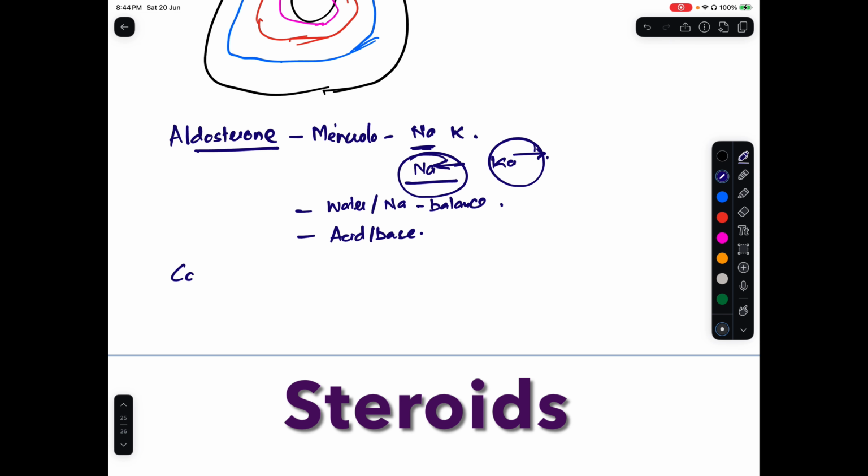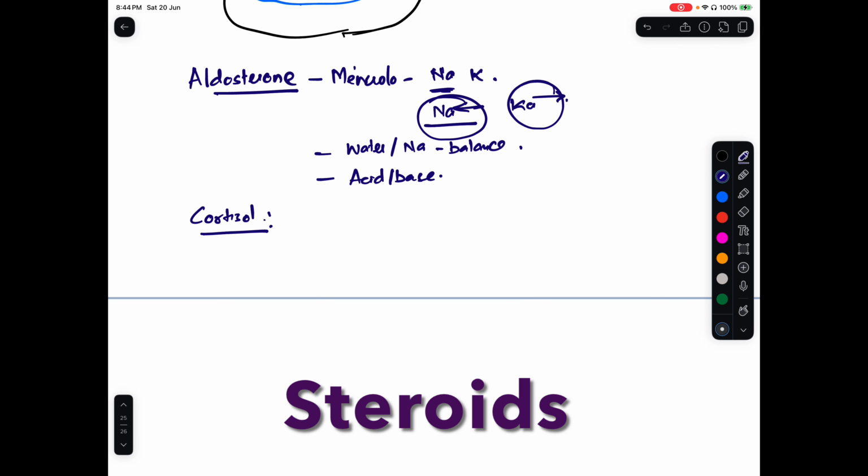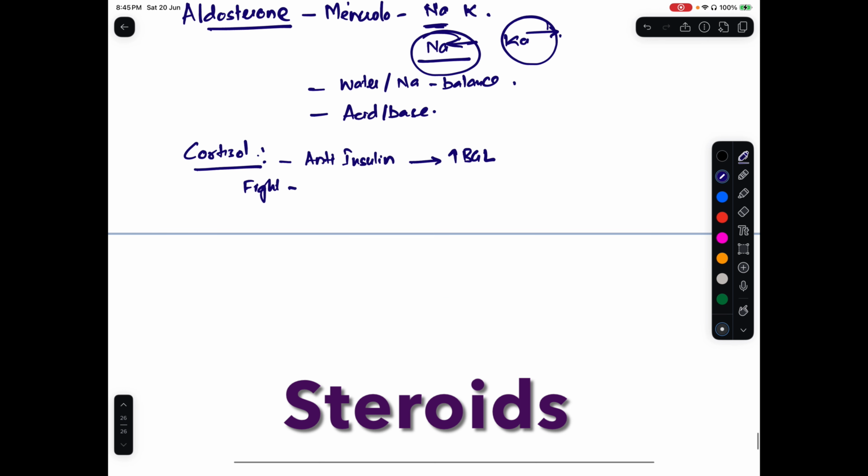The second hormone is cortisol. It's a very important hormone, fight and flight. It is a glucocorticoid, and it is anti-insulin. So it is a fight hormone, opposing insulin, so it causes increased blood glucose level. Then to increase blood glucose level it stimulates gluconeogenesis, formation of new glucose from other things.